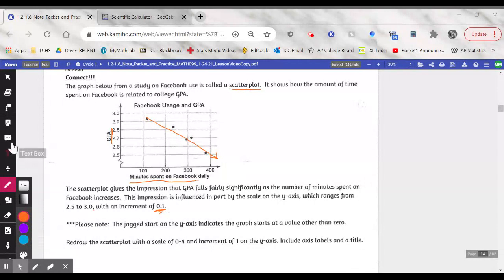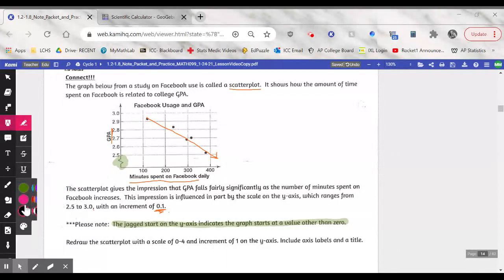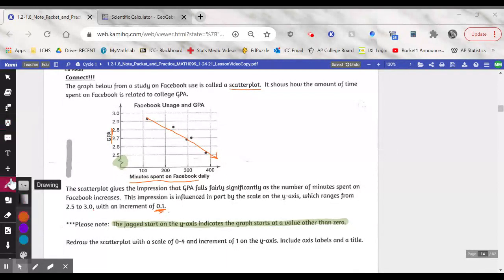One thing that we're going to touch on when we get to our section on scatter plots later on is a jagged start along the y-axis. So you can see that there's a jagged start right here. What that means is we skipped a lot of values, because if we started at 0 here and we were increasing by increments of 0.1, we would have 0.1, 0.2.